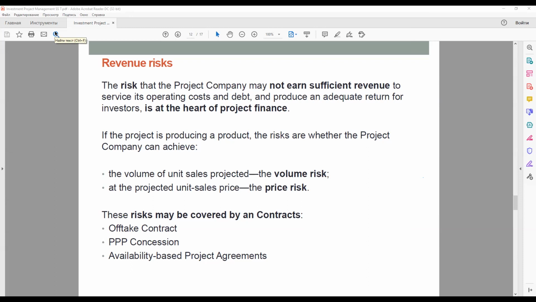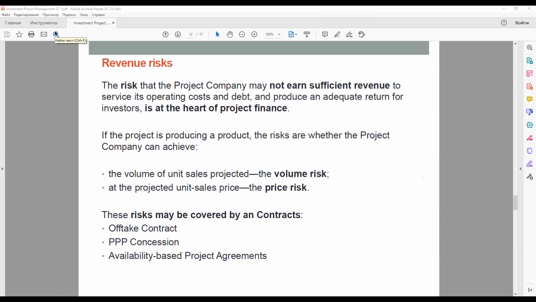These risks may be covered by a purchase contract or a take contract or other similar arrangements, or the project company may take the risk of sales into a competitive market. In the case of an infrastructure project, either privatized or a PPP concession, the key revenue risk is typically whether the project company can achieve the volume of usage of the service projected at the projected toll, fare, or other usage charge.